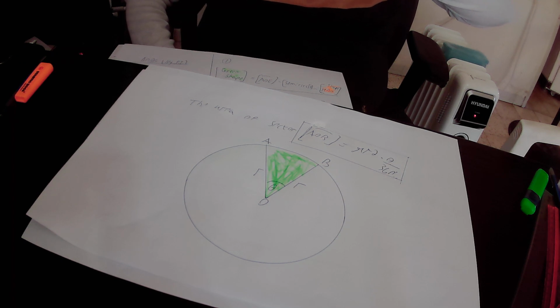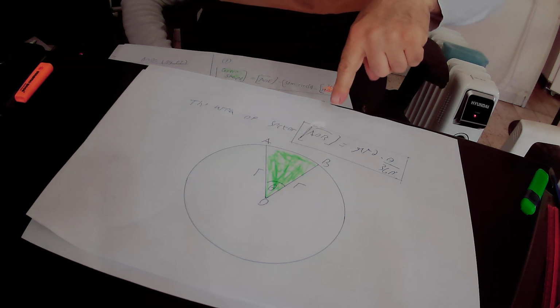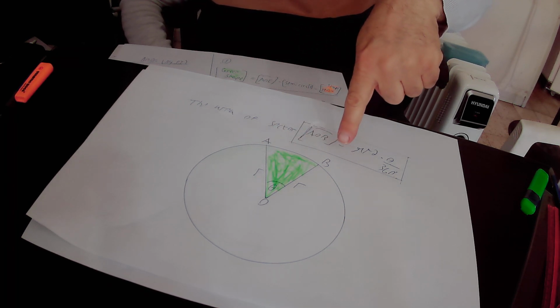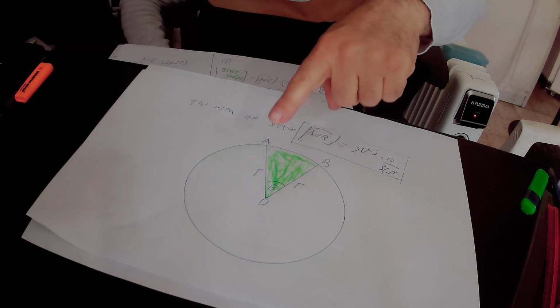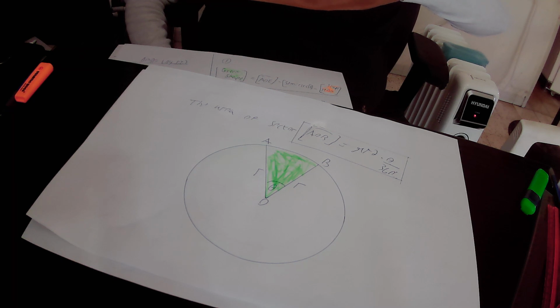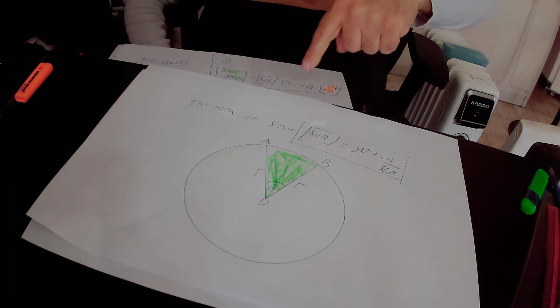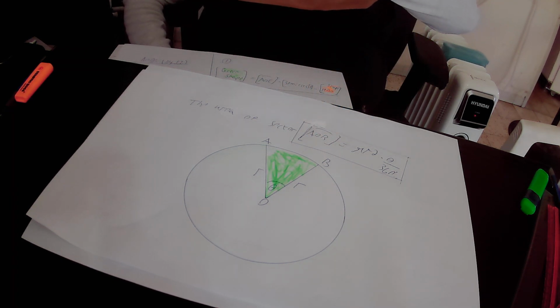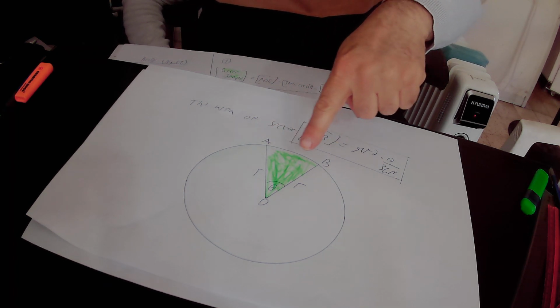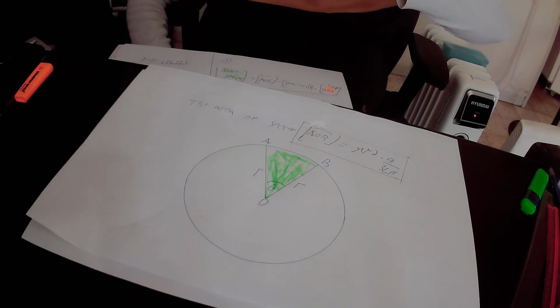The green sector AOB consists of two legs. The first leg is AO and the second leg is BO. Both legs of this sector AOB are radii of this circle, equal to R. And the angle between the legs AO and BO is angle theta.